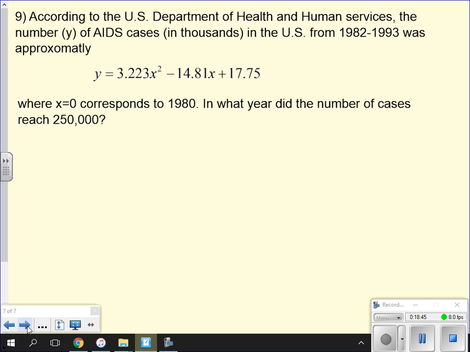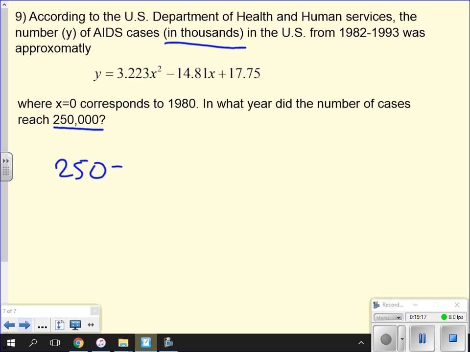According to the U.S. Department of Health and Human Services, the number Y of AIDS cases in thousands across the U.S. from 1982 to 1983 was approximately that, where 0 corresponds to 1980. In what year did the number of cases reach 250,000? Not a problem. Take Y, replace it with 250. Why not 250,000? Because it's in thousands.